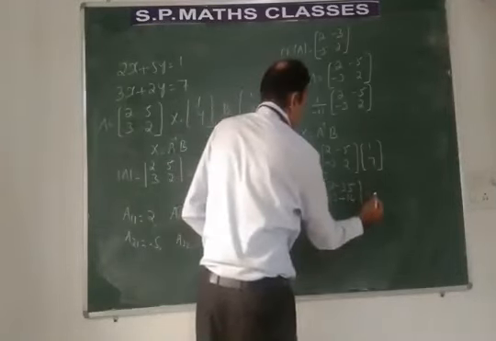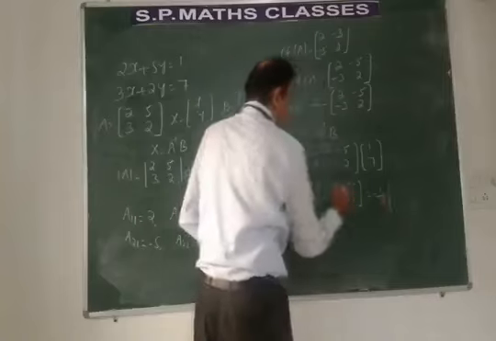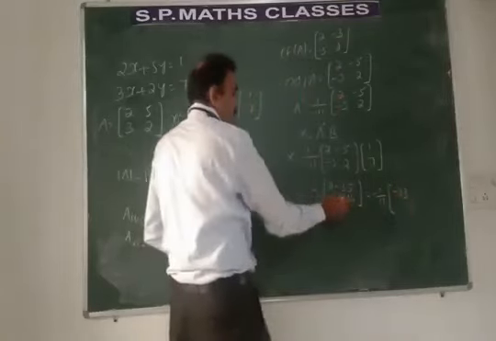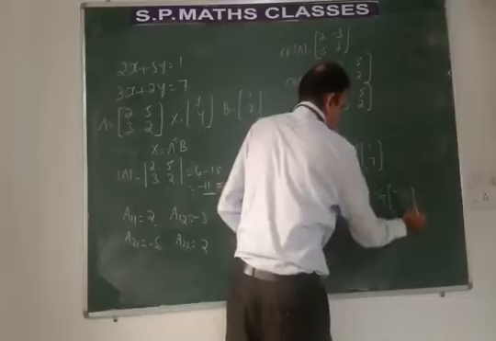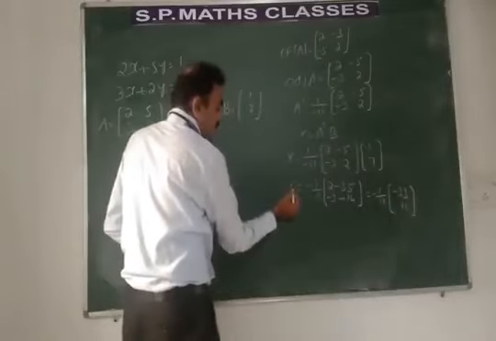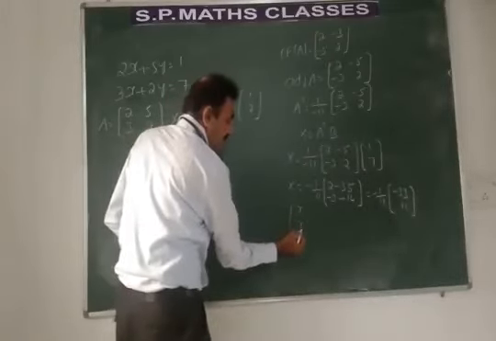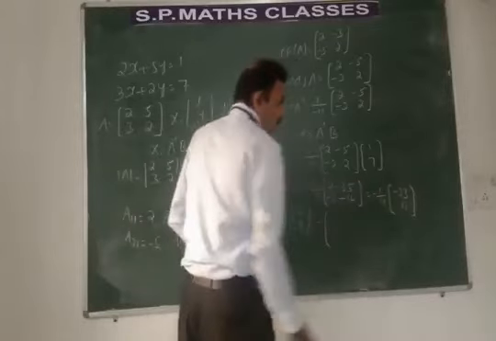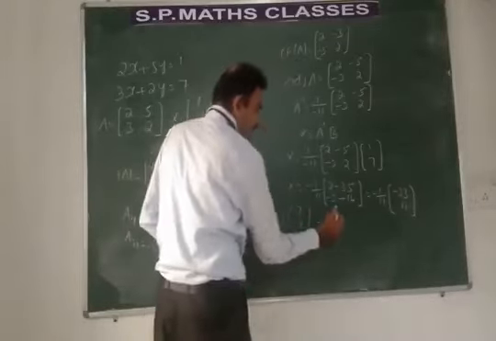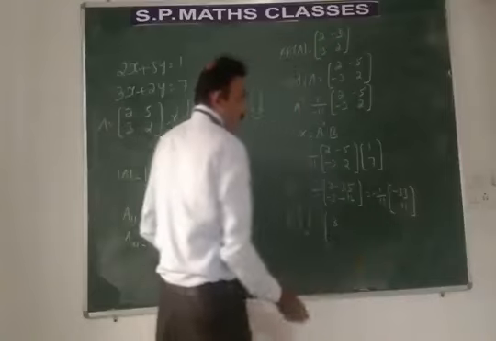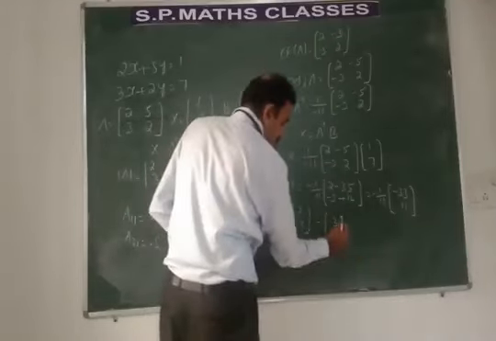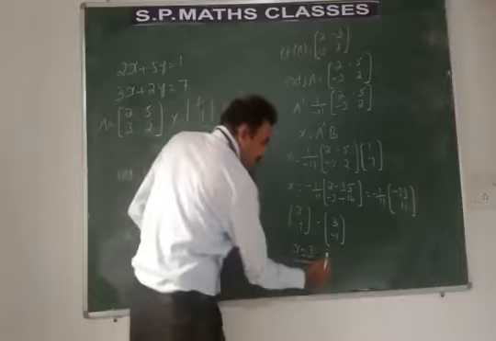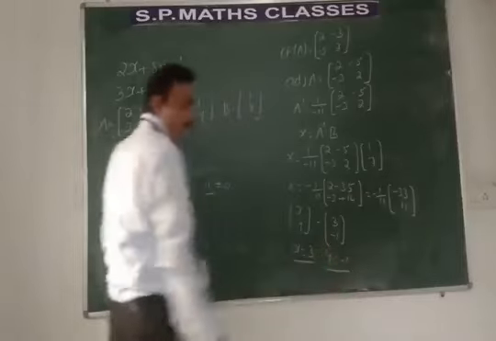So you will be getting minus 1 by 11 into minus 33 and 11. This is the matrix X, the matrix of variables x, y. Minus 1 by 11 into minus 33 is 3, and minus 1 by 11 into 11 is minus 1. By equating, you get x is equal to 3 and y is equal to minus 1.